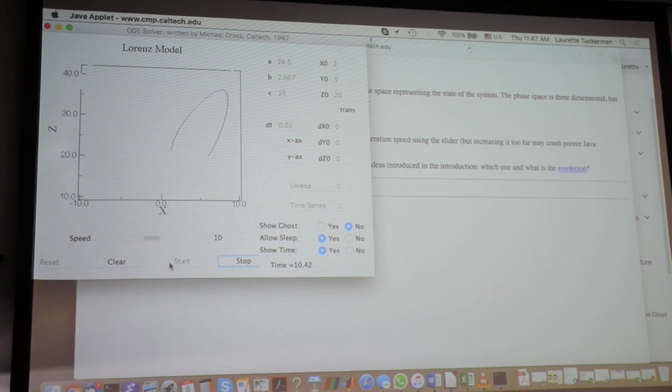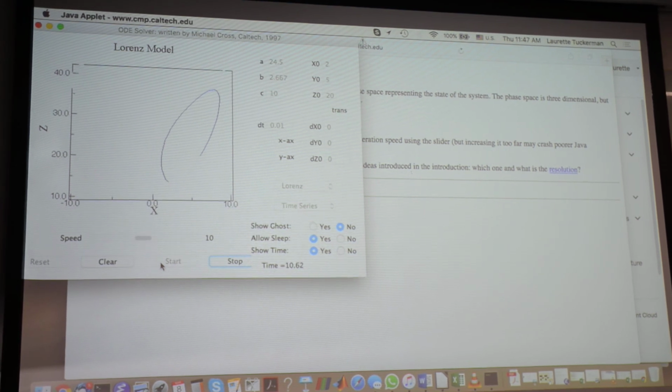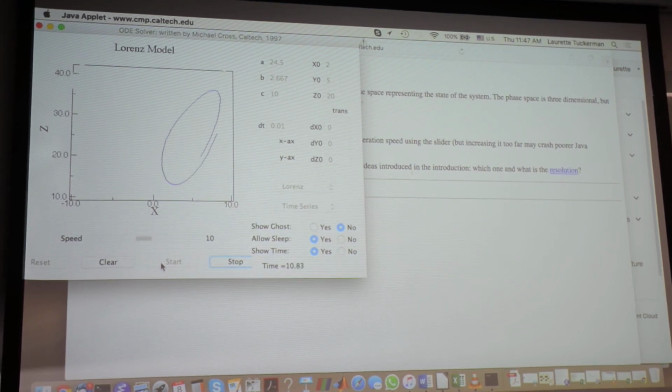You notice those two wings here, they are each about one of those two fixed points. This center here is one of the fixed points, and this is the other fixed point. And the fact that you go round and round has to do with the Hopf bifurcation we just found, this going roundy sort of thing.